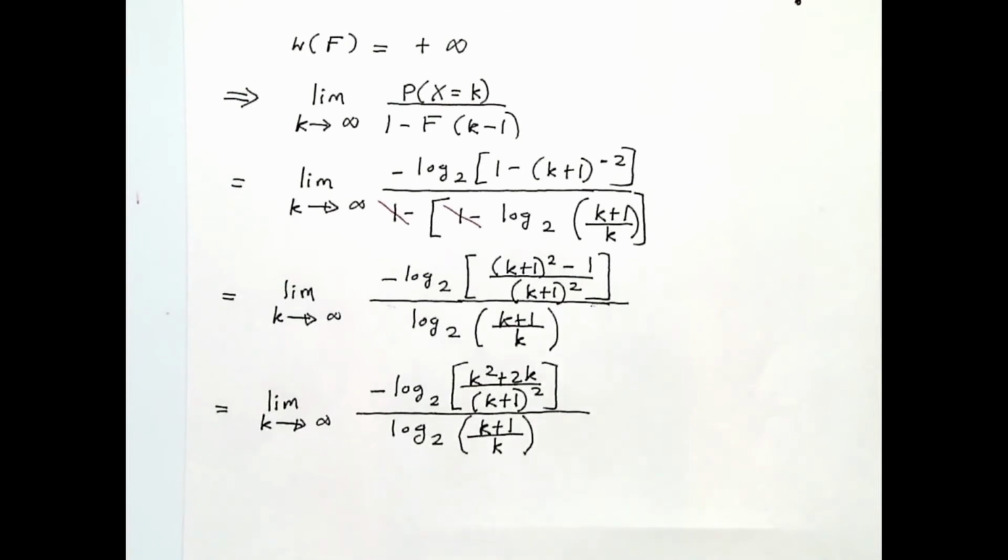Now as k goes to infinity, this goes to 1 and this also goes to 1. So you have log of 1 divided by log of 1, which is 0 divided by 0.